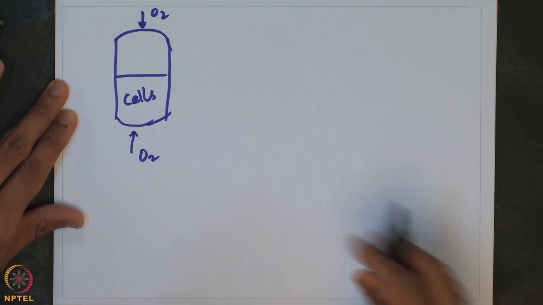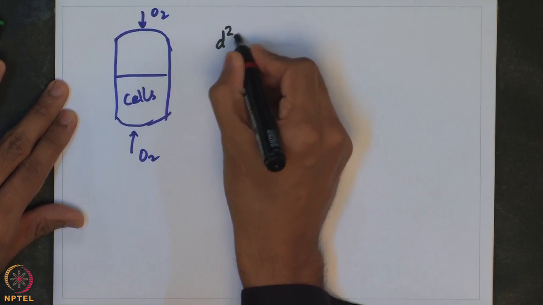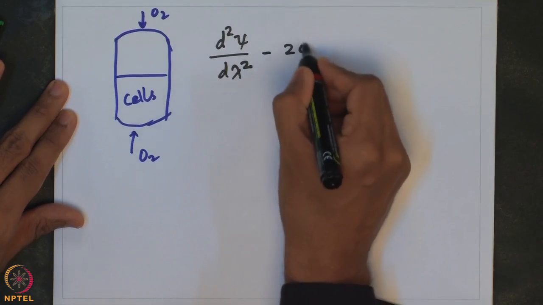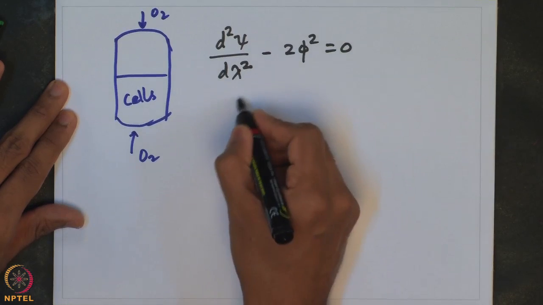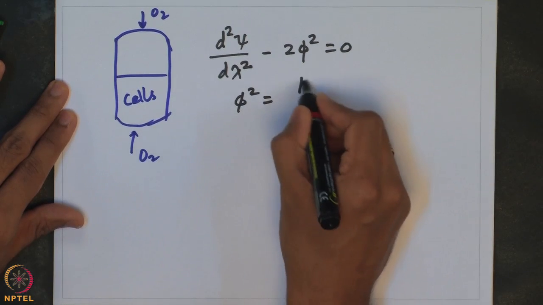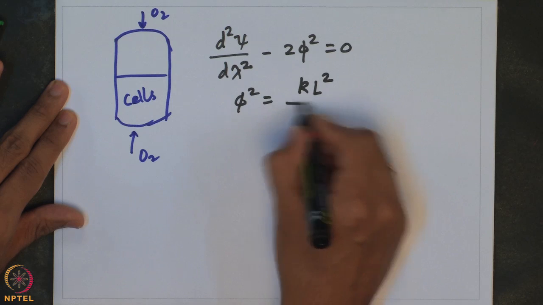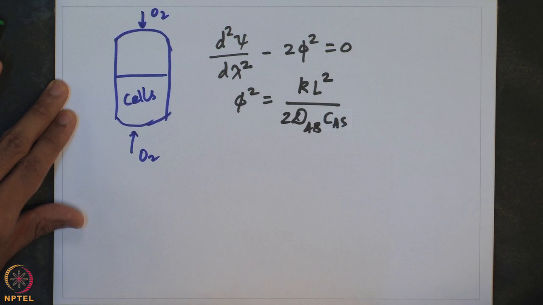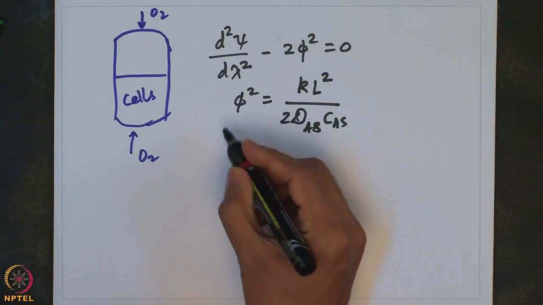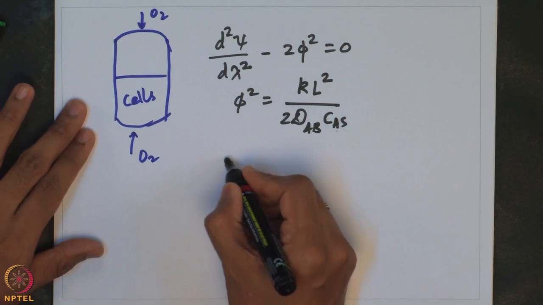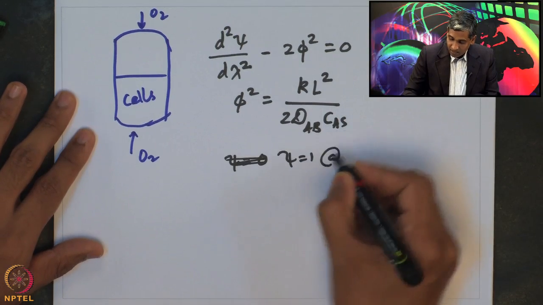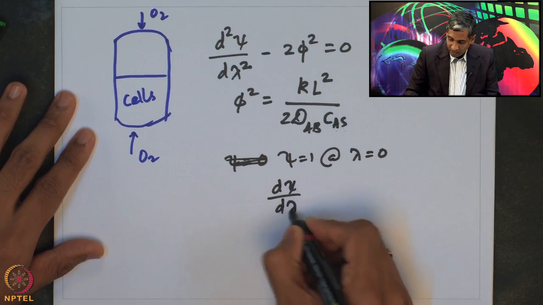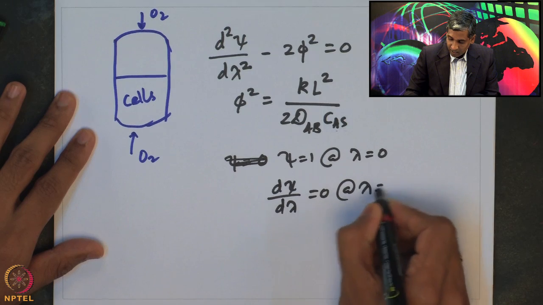So, the dimensionless model equation is d square psi by d lambda square minus 2 phi square equal to 0, where phi square is given by k into L square for a 0 order reaction, divided by 2 D_AB into C_AS. The boundary conditions are psi equal to 1 at lambda equal to 0 and d psi by d lambda equal to 0 at lambda equal to 1.